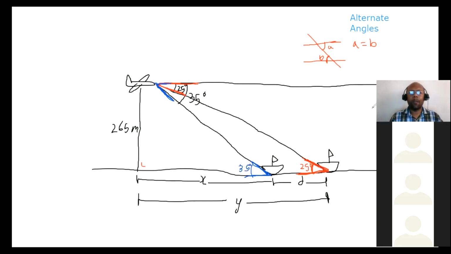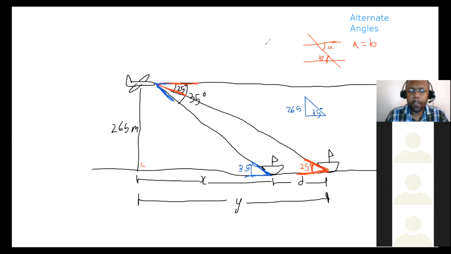Okay, now, so basically we have two triangles. We have one that looks like this, with 35 degrees and a height of 265.